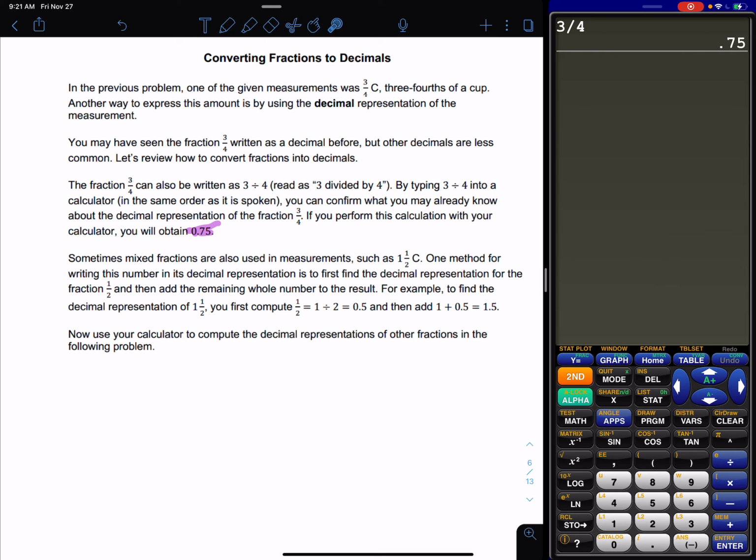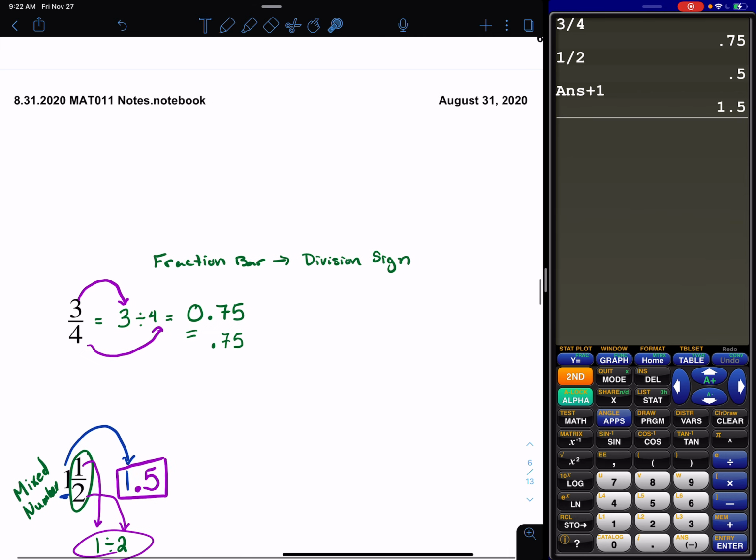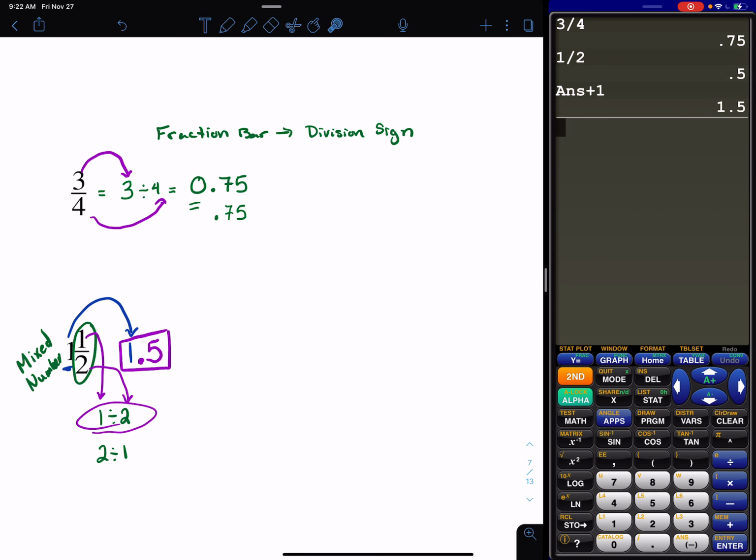So for example, to find the decimal representation of 1½, we would first do 1 divided by 2, which gives us 0.5, and then we would add the whole number part, the 1. And if we do that, we get 1.5. You can see I walked you through how to use your calculator here. Now we're going to use your calculator to compute the decimal representation of other fractions in the following problems. So here's just another way of talking through those examples above.